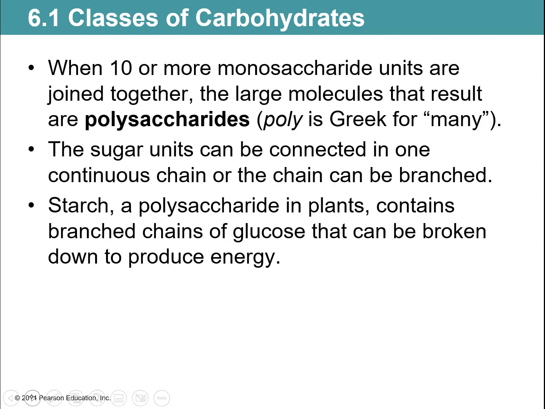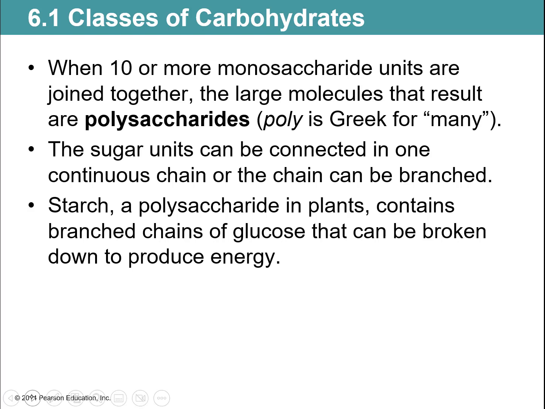Then you get to the big, huge ones. They say, as a rule, a polysaccharide is 10 or more sugars linked together. Most polysaccharides are hundreds or even thousands of sugar units in a huge molecule. Starch being one example.